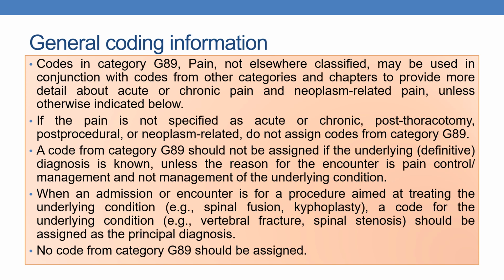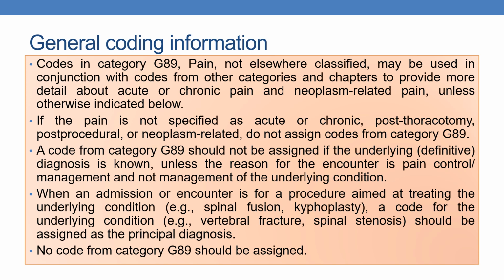And this is an important point: if the pain is not specified as acute or chronic, or if it is not specified as post-thoracotomy, post-procedural or neoplasm related, do not assign codes from category G89. That is clear. Whenever pain is not specified as acute or chronic or post-thoracotomy or post-procedural or neoplasm related, then you should not assign codes from the category G89.